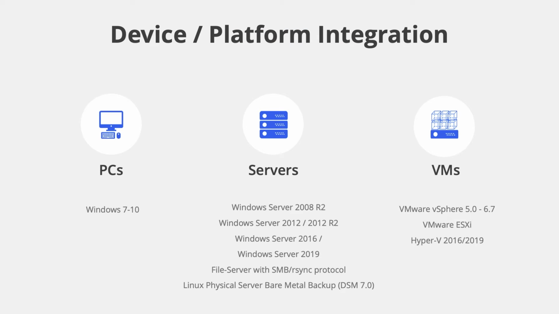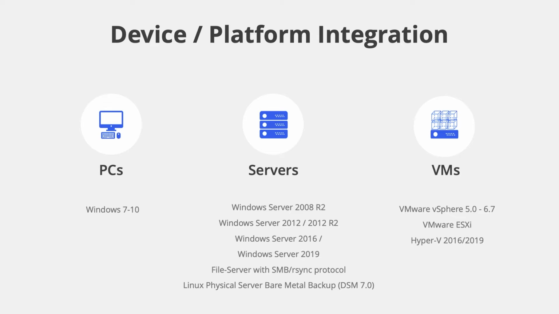As mentioned, for cross-platform backup, they're utilizing ABB to back up the following, all at the same time. Multiple PCs running Windows 7 and onwards. Windows Server running Server 2008 R2 up to Windows Server 2019. File servers that support the SMB and rsync protocols.